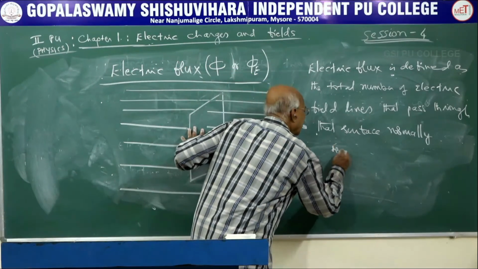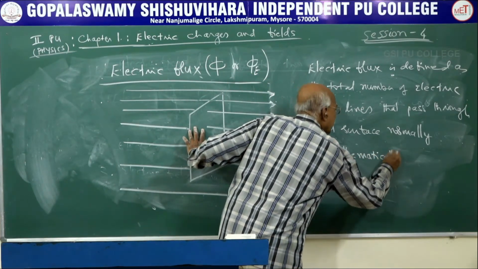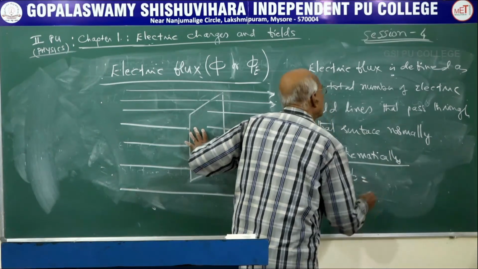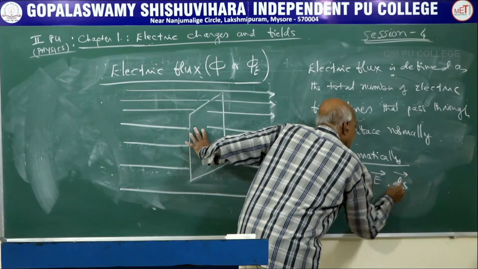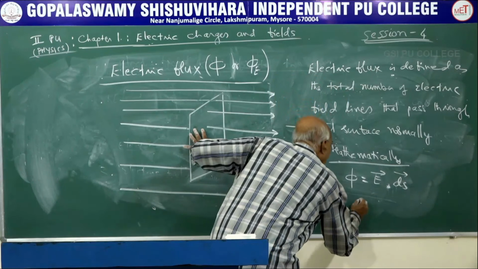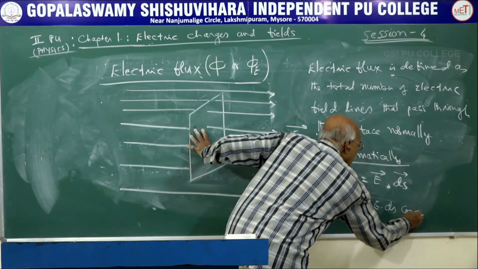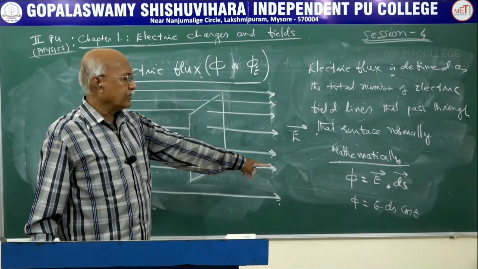Mathematically, electric flux is equal to vector E dot vector ds. This is a dot product, so flux is also equal to E ds cos theta. Whenever theta is equal to 0, the flux will be maximum.